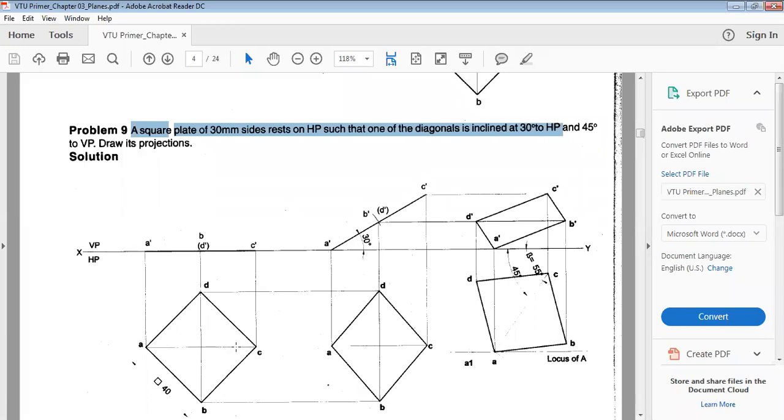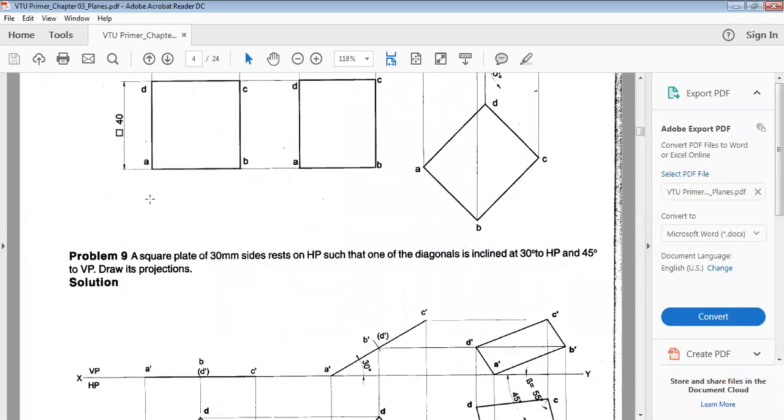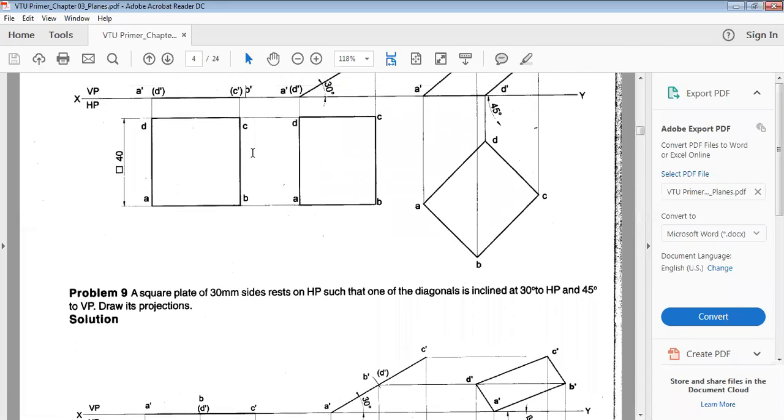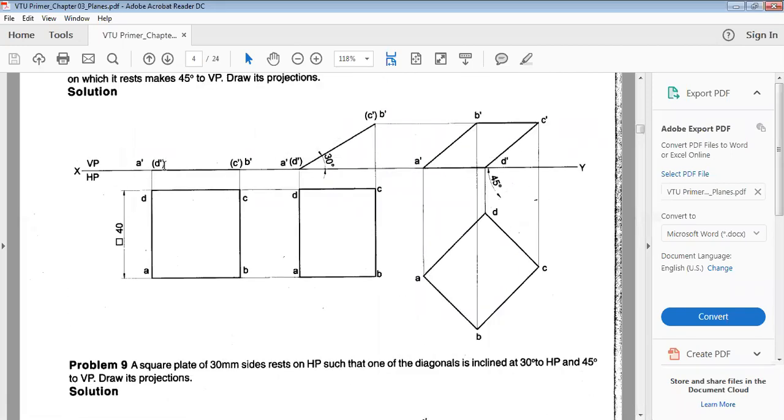Also, you should be very, very careful. For example, it is neither given that it is resting on a corner nor on a side, but it is given as a diagonal. So if you place it like this, you will not get the diagonal here. You will get the surface of this, but you don't get the diagonal.